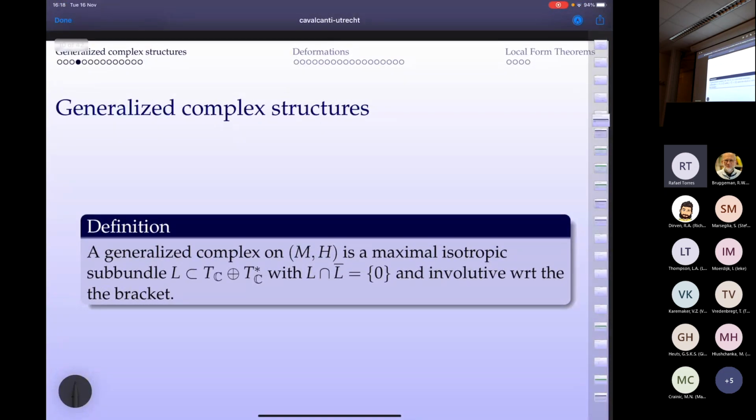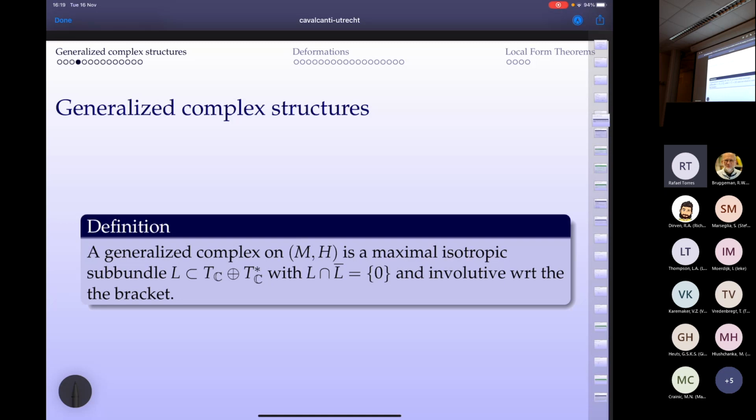A complex structure is fully determined by its plus i eigenspace, because the minus i is just the complex conjugate. If you have the plus i and the minus i, you can find the whole linear transformation. So you can phrase the whole generalized complex structure in terms of just the plus i eigenspace. It's a subbundle of the complexification of T plus T star which doesn't intersect its complex conjugate, because the plus i and minus i eigenspaces should not intersect.